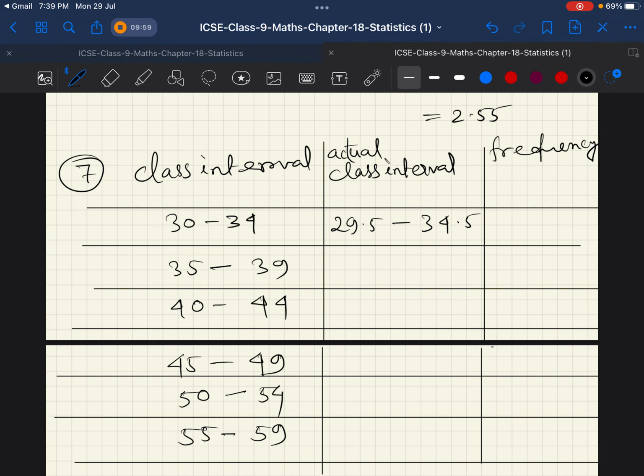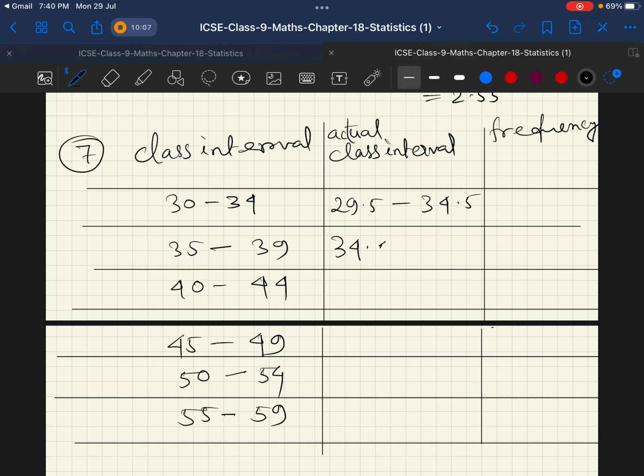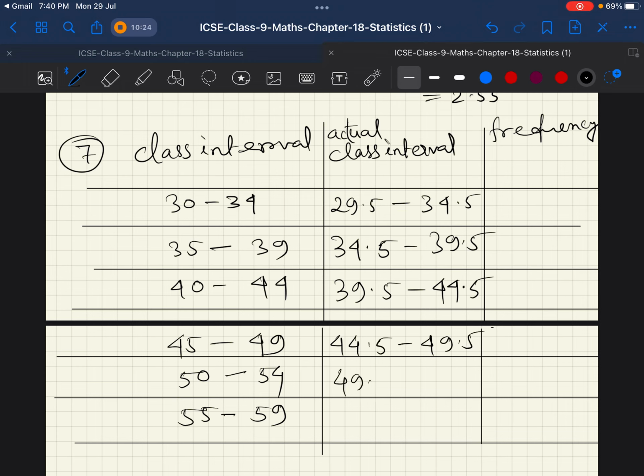We subtract 0.5 from 30 and add 0.5 to 34. Now this will be 34.5 to 39.5, and this is 39.5 to 44.5, this is 44.5 to 49.5, this is 49.5 to 54.5, this is 54.5 to 59.5.